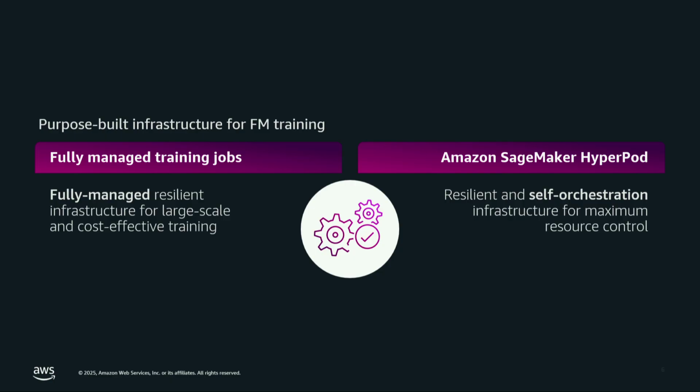SageMaker Training Jobs let you define your training workload through declarative syntax and Python SDKs, where you provide your custom training scripts and your data, and it takes care of spinning up Docker containers, bringing them down, observability, scalability, things like that. But if you're coming more from a background of EKS and you like more control, getting into your EC2 instances, SSHing into them, and you have a requirement for maximization of control, you can use SageMaker HyperPod as well.